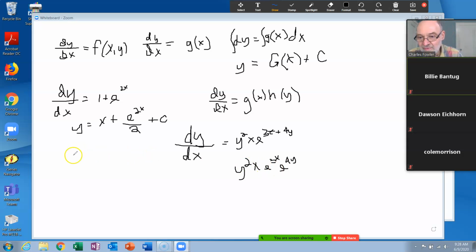So how about this one? dy/dx is equal to y plus sine x. What do you think, separable or not?